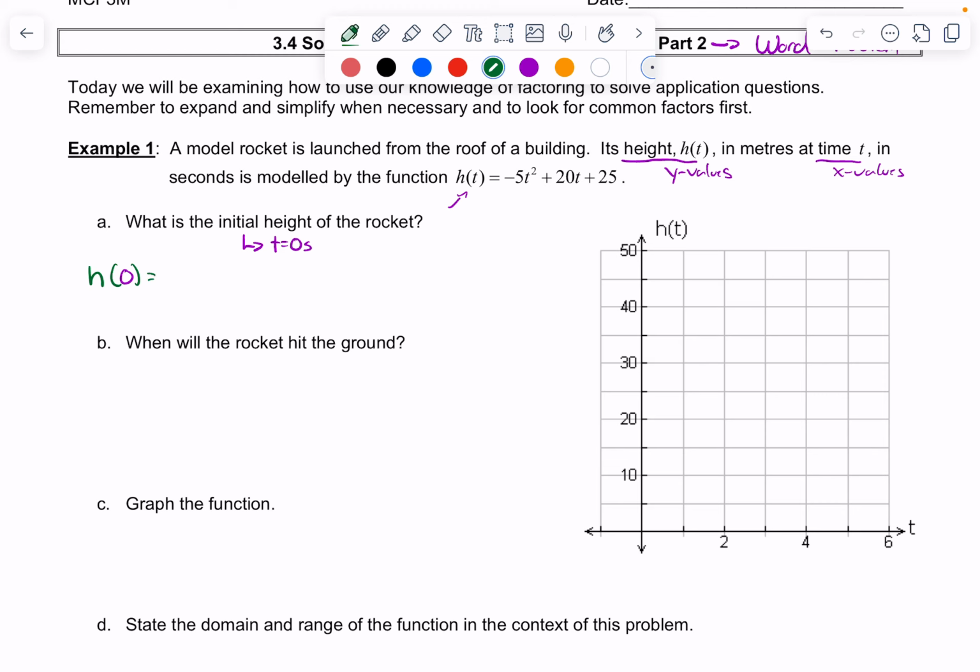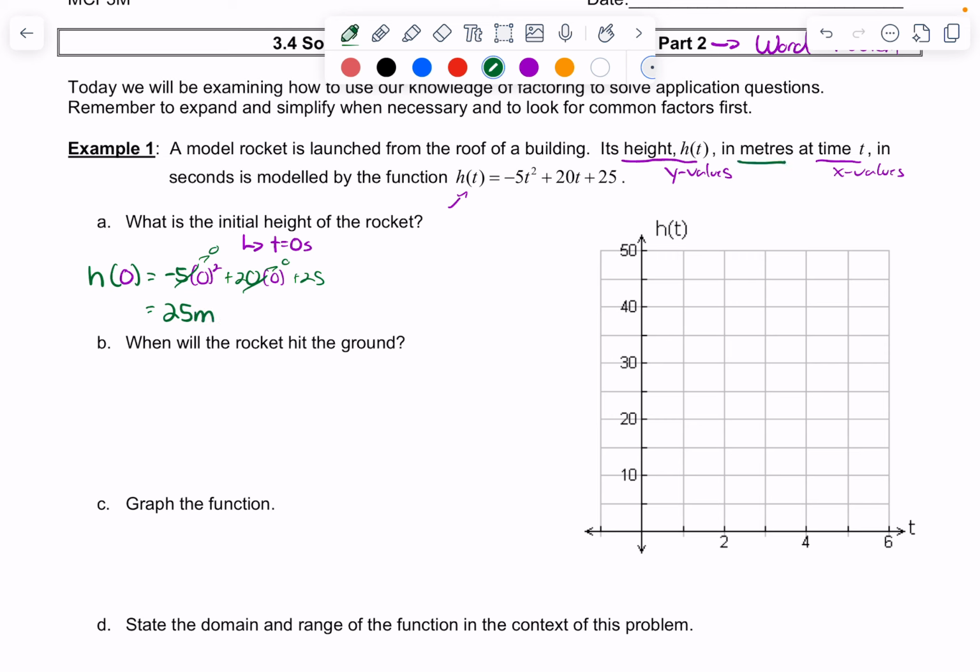You plug in minus 5(0) squared, plus 20(0), plus 25. So this term goes to 0, this term goes to 0, and it's just 25. And what are we measuring? Meters. So this is 25 meters.